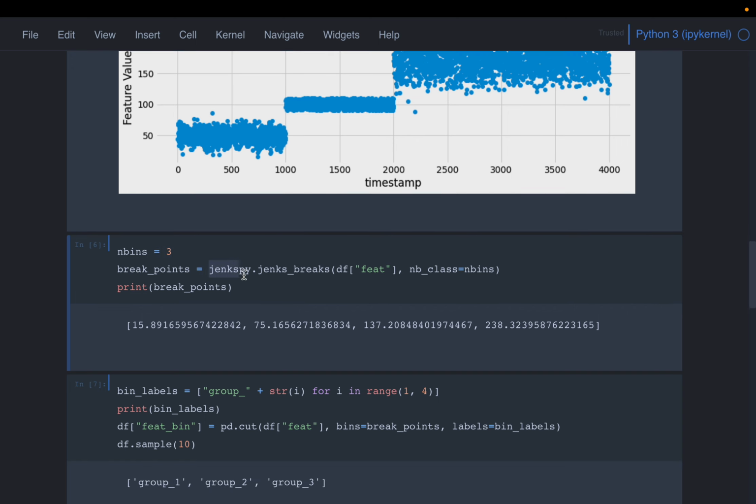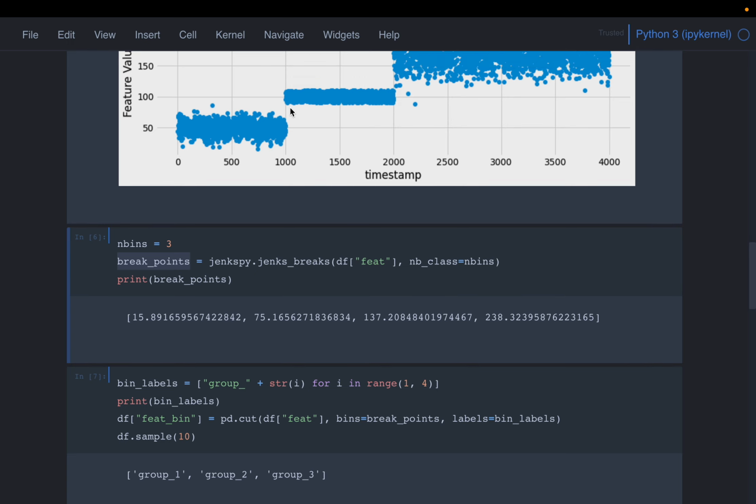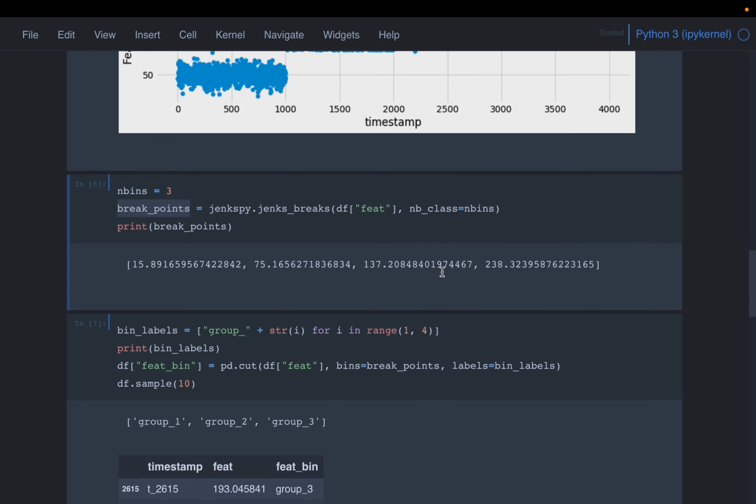So we call this Jenks-Pi algorithm with the raw features and the number of groups we want to divide into. It returns these breakpoints or the boundaries. So the first group is going to be between the lowest value, maybe 15, to 75, and the second group between 75 to 137 ish, and like that.